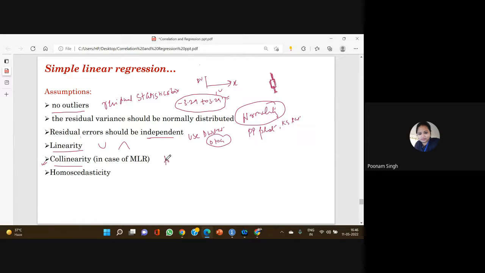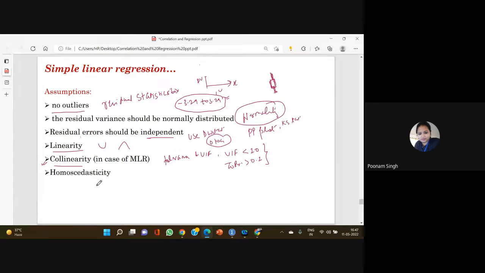That is, we need to check for the tolerance and VIF. If your VIF is less than 10 and your tolerance is greater than 0.1, then we will say that your variables are not collinear. Then collinearity जो है that is okay.